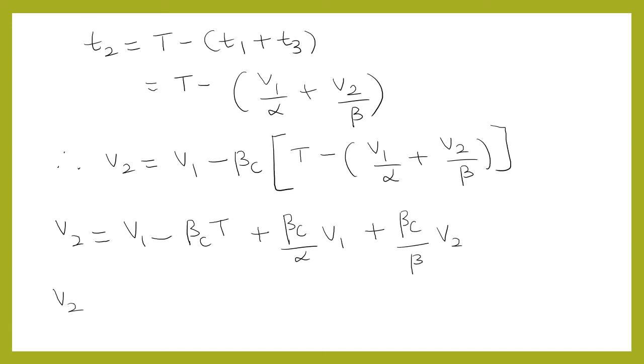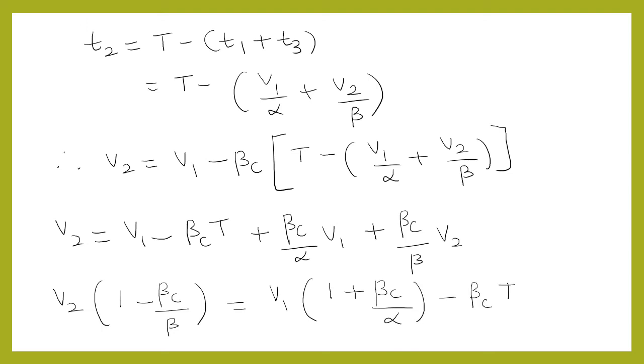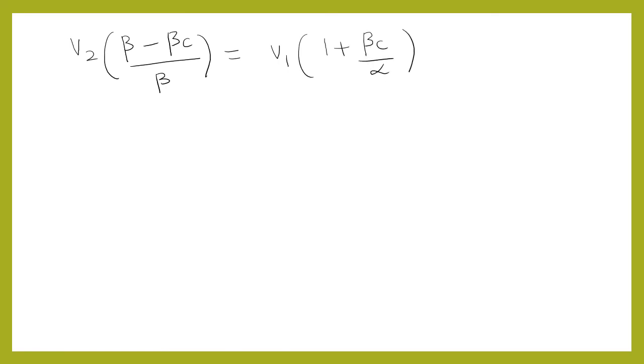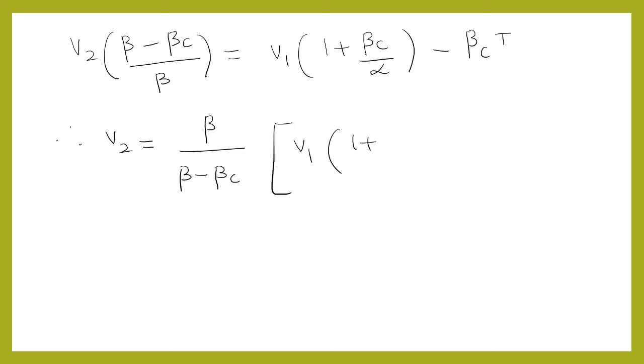Therefore, we get V2 into 1 minus beta C by beta equal to V1 into 1 plus beta C by alpha minus beta C T. Therefore, V2 into beta minus beta C by beta is equal to V1 into 1 plus beta C by alpha minus beta C T. Therefore, we get V2 equal to beta by beta minus beta C into V1 into 1 plus beta C by alpha minus beta C T.